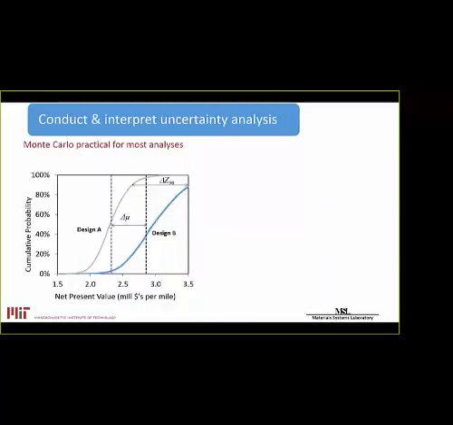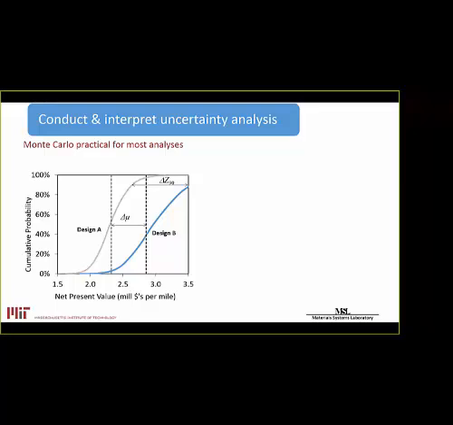All right, and the third step is you're going to conduct and interpret uncertainty analyses. For most analyses, this means you're going to do Monte Carlo simulations, which is basically where you look at a whole bunch of different simulations where you're changing the values of all those different uncertainty quantities.